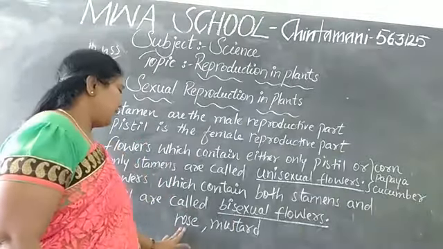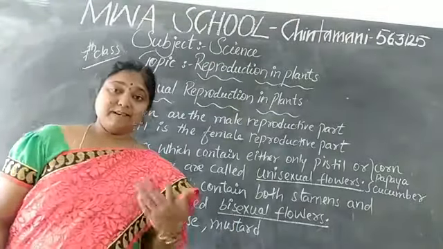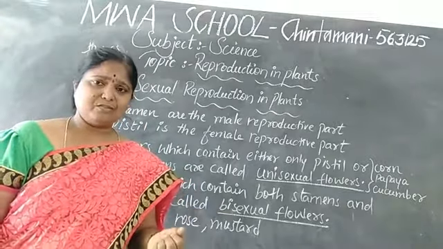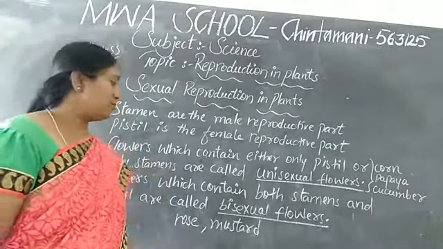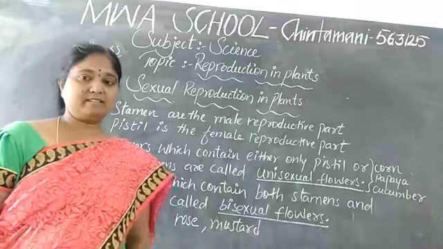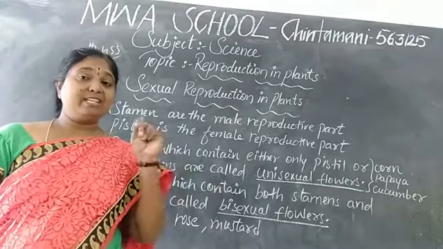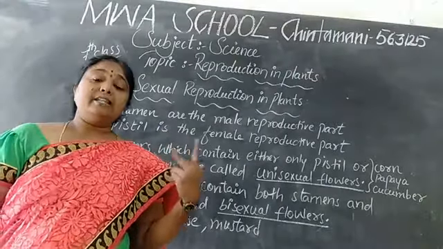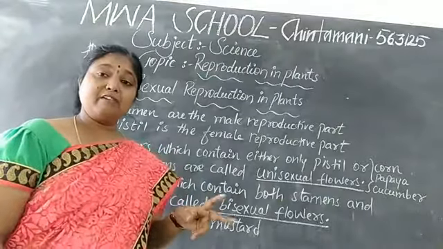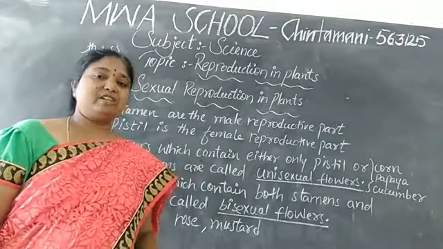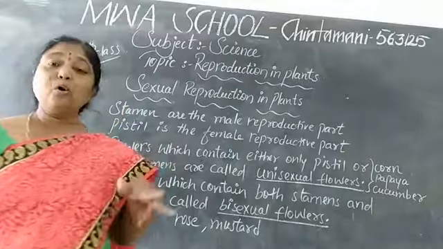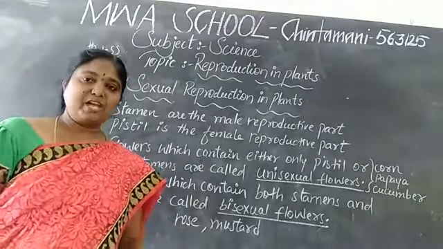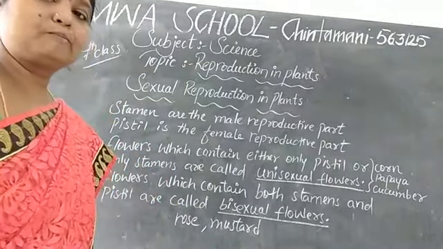Examples are rose, mustard, etc. So if a flower has only one, either the male or the female, we call it unisexual. If it has both, we call it bisexual.